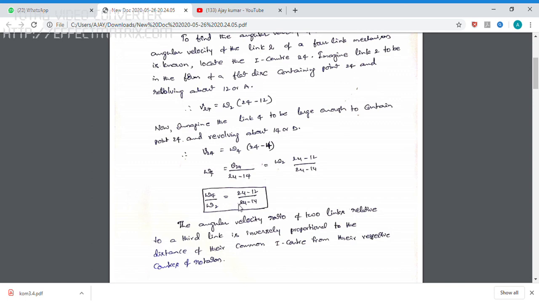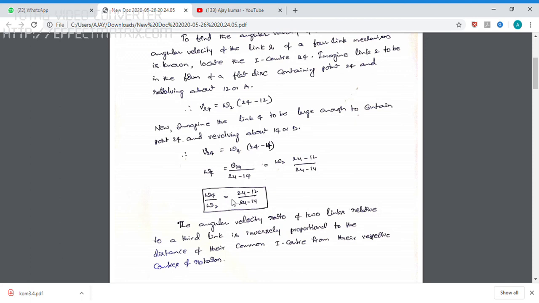What it says indirectly is that angular velocity is inversely proportional to its distance. If you observe, the angular velocity of the second link is inversely proportional to the distance between the 1, 2 and 2, 4 instantaneous centers. In the same manner, omega 4 is inversely proportional to the distance between the 2, 4 and 1, 4 instantaneous centers.